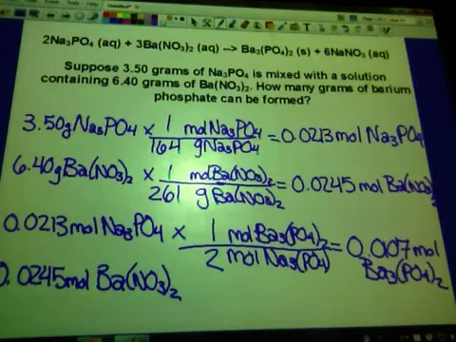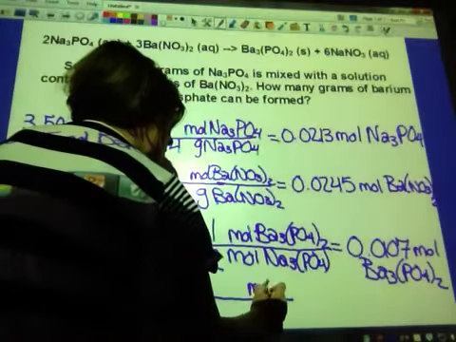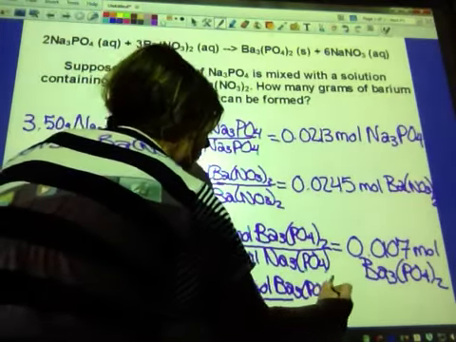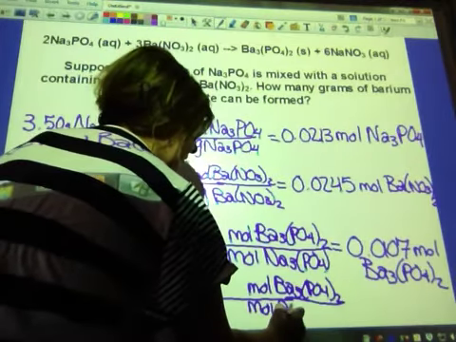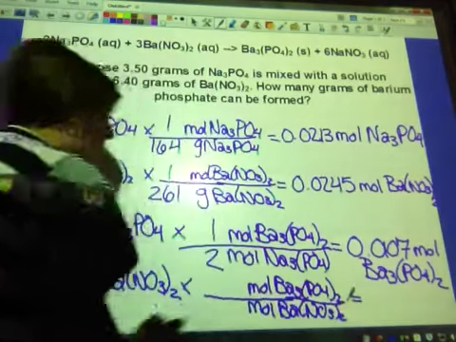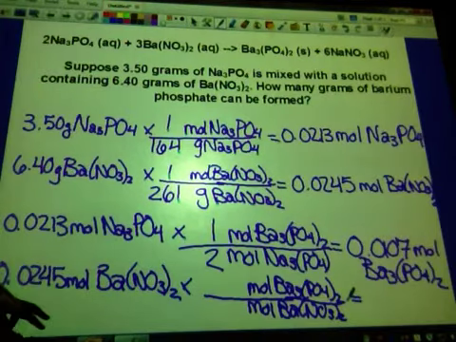And now I need to set up a mole ratio. So again, moles of barium phosphate over moles of barium nitrate. Let's check our reaction.